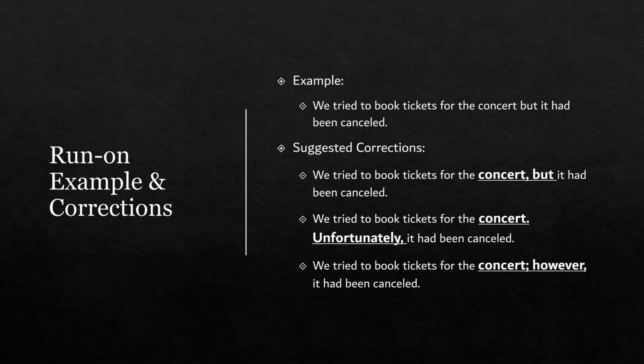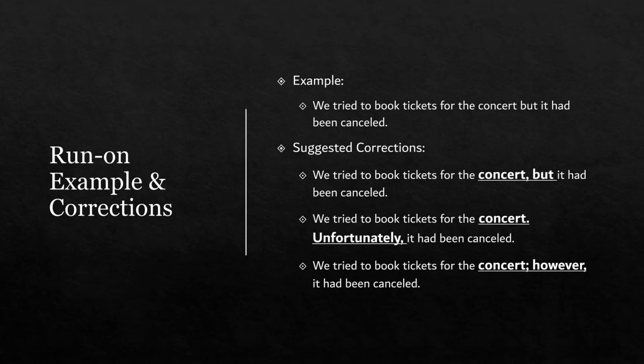There is a subject, we, and a verb, tried. The second clause, it had been canceled, has a new subject, it, and a new verb phrase, had been canceled. Therefore, it is a new sentence. Since both clauses are independent, that is, they can stand alone as complete sentences, not punctuating the clause is incorrect.